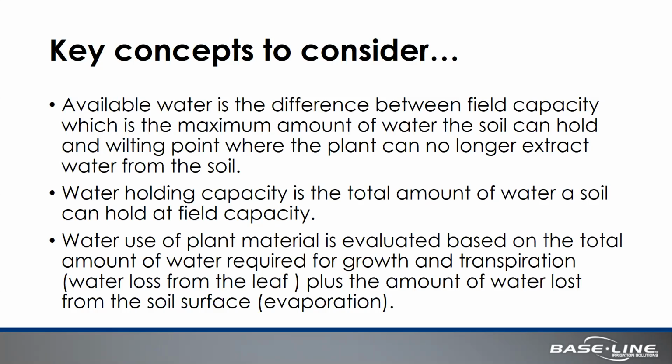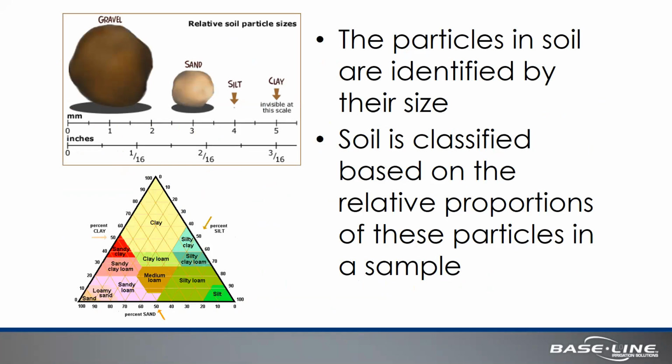So as we're looking at applying science or technology to irrigation and trying to retrieve data that's helpful in this process, we need to understand how much water that soil can hold and how much water that plant is actually utilizing. So as we look at the soil profile, many of you are familiar, I'm sure, with the textural triangle of soil that identifies different soil types, such as clay or loam or sand.